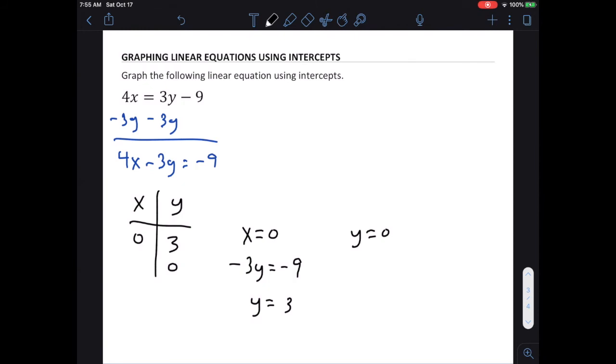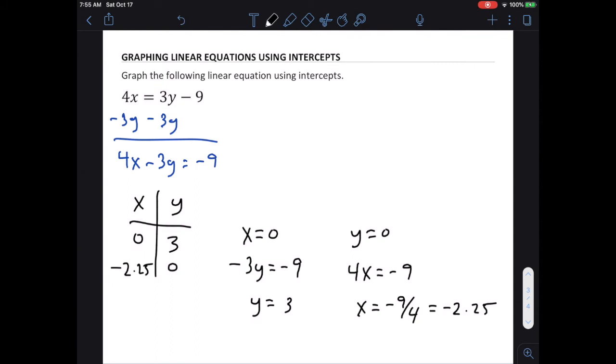When y is 0, the minus 3y disappears, so we end up with 4x equals negative 9. And then when I divide by 4, I get x is equal to negative 9/4, which nobody can really visualize very well. So we want to make that a decimal, and in this case it happens to be equal to negative 2.25. So we can put that in our table.